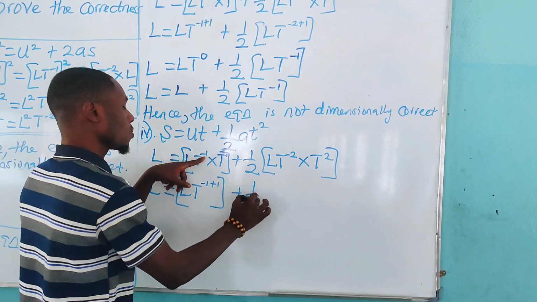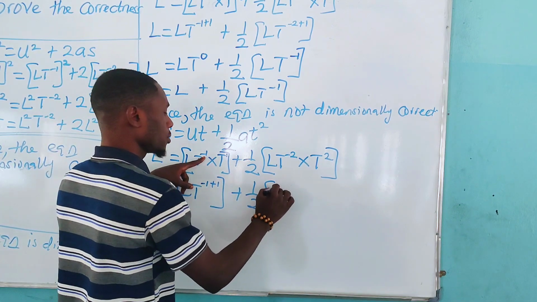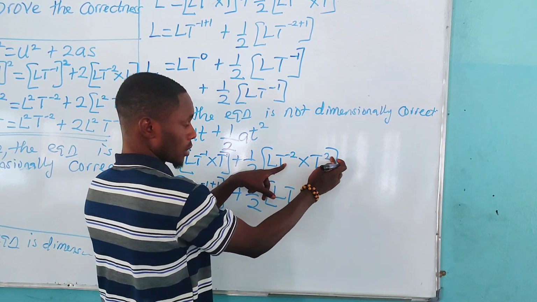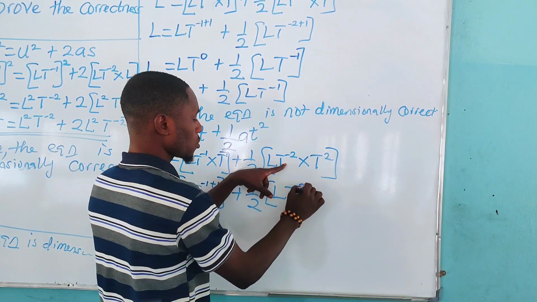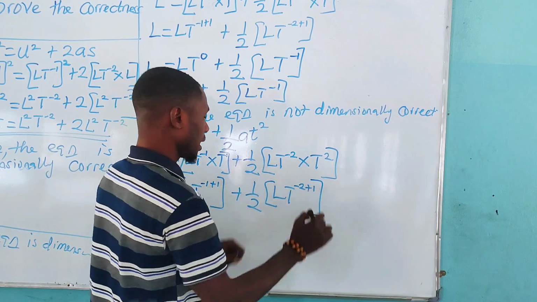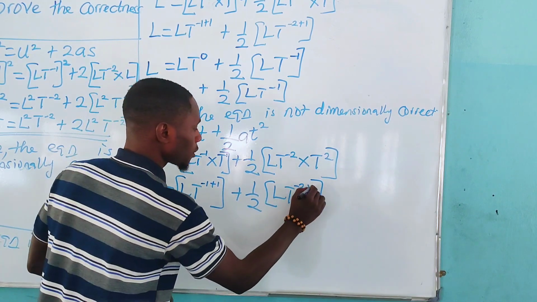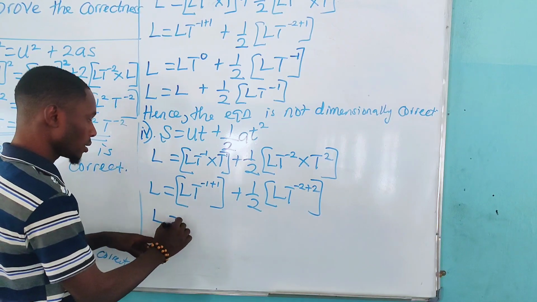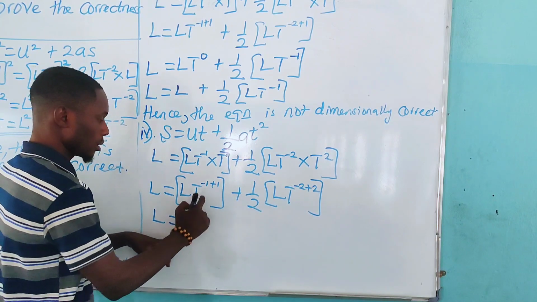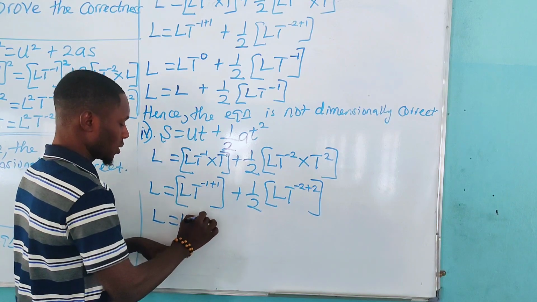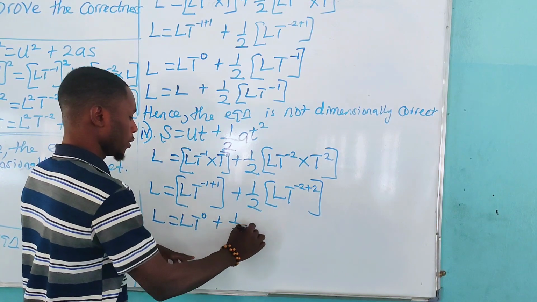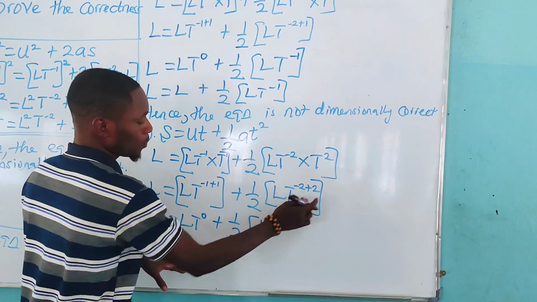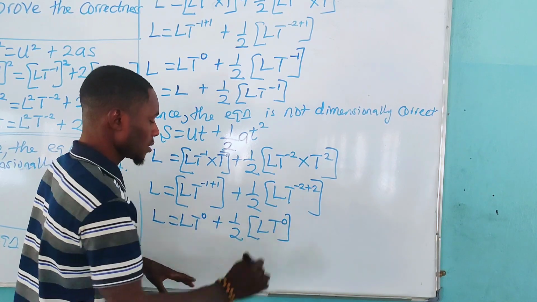And then plus 1 over 2 into LT power minus 2 and 2. So that will give us minus 2 plus 2, from indices. Okay, so we have L is equal to LT power minus 1 plus 1, which is 0, plus 1 over 2 into LT power minus 2 plus 2, which is also 0.